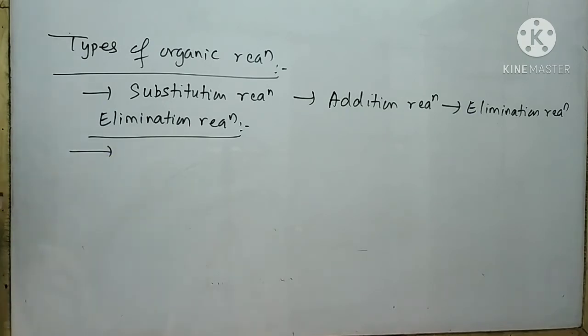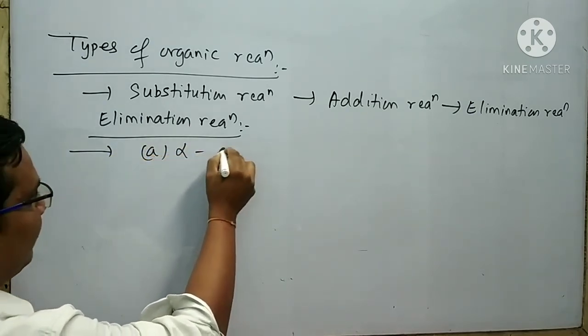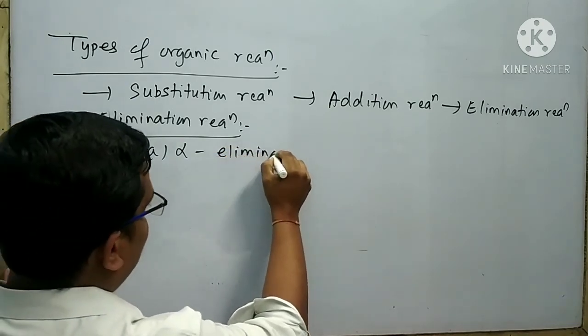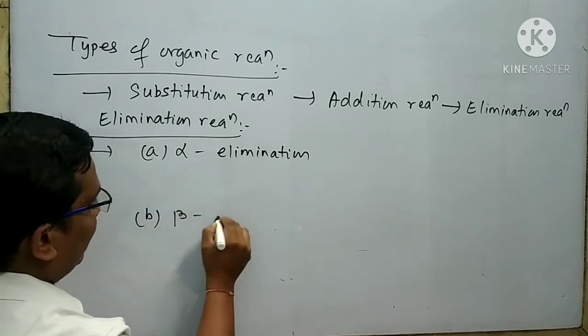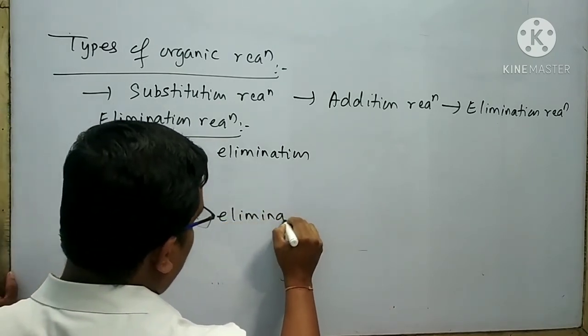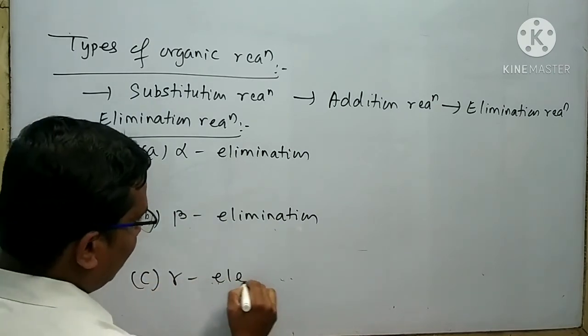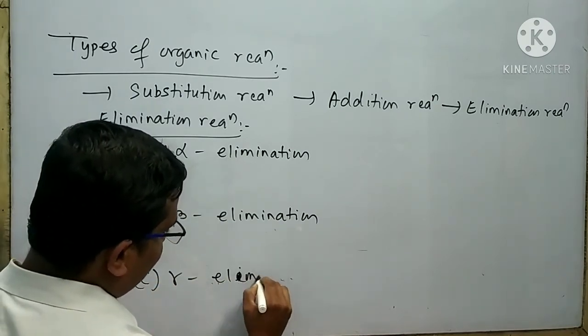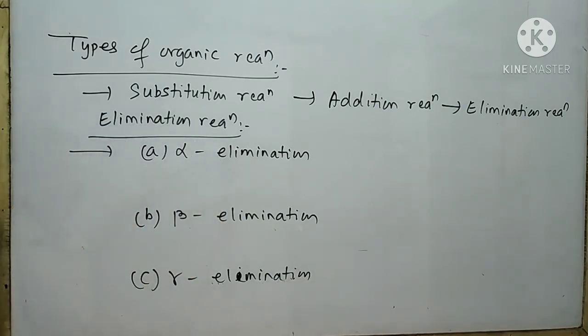Generally there are three types of elimination reaction. One is alpha elimination reaction, second is beta elimination reaction, third is gamma elimination reaction.